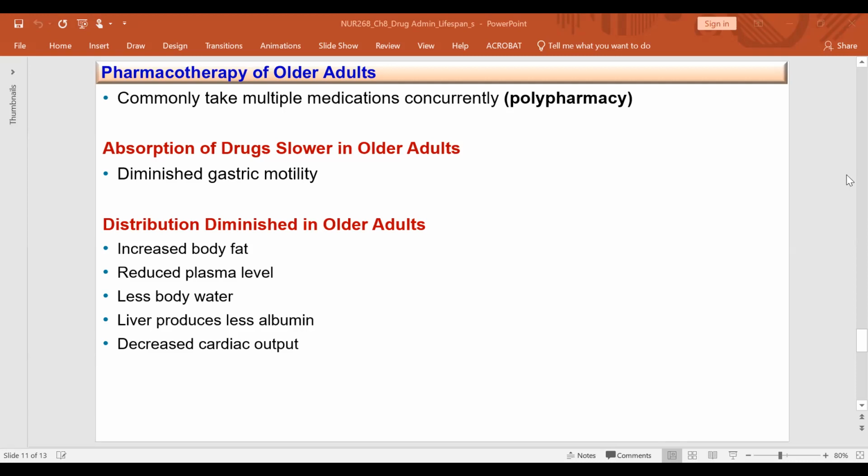Longevity has resulted from improved access to healthcare, healthier lifestyle, and more effective medications to treat diseases. So as longevity has increased, so have the number of illnesses and the use of medications.